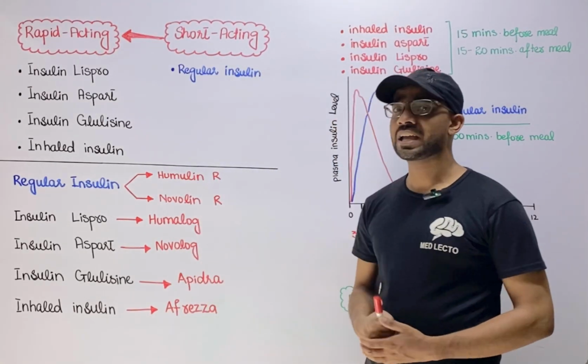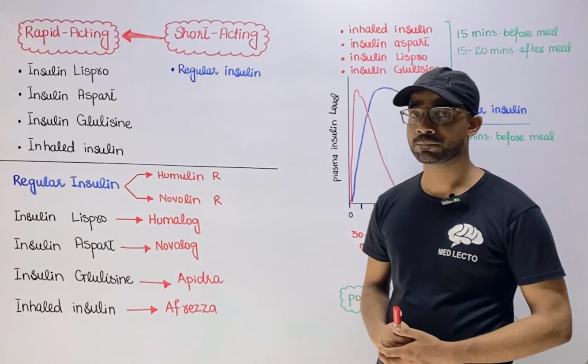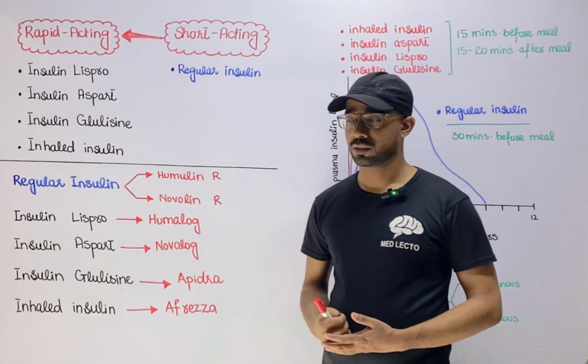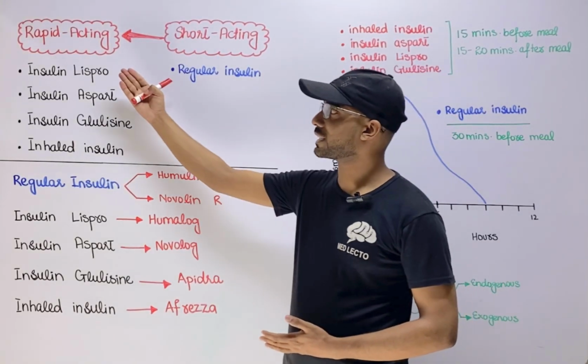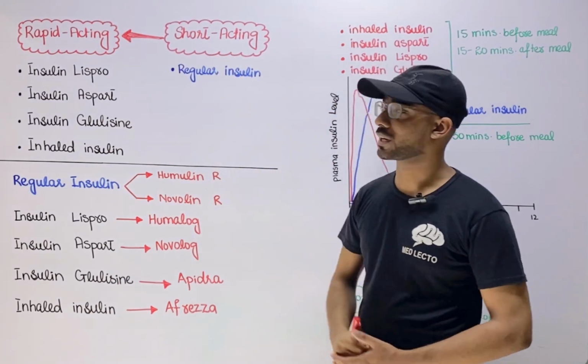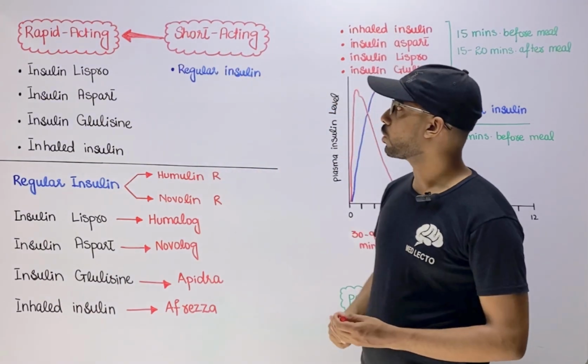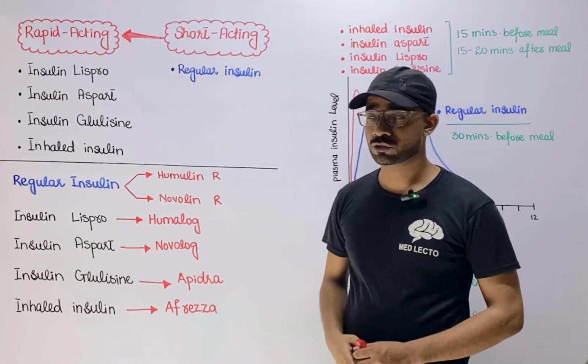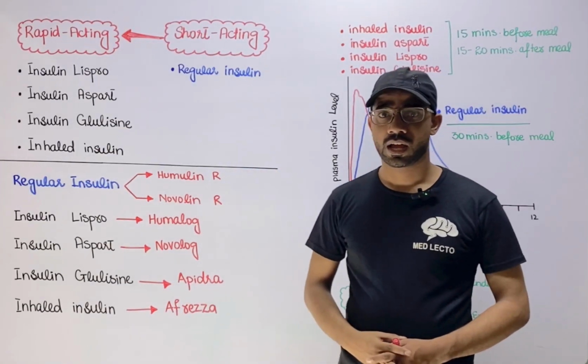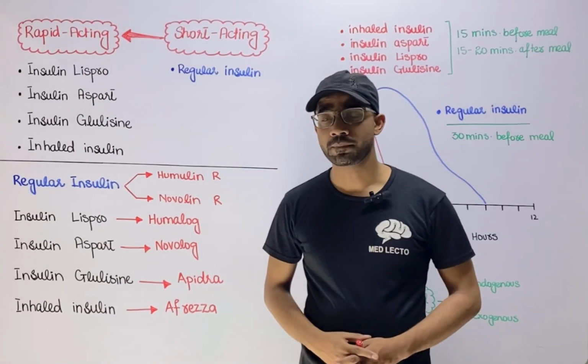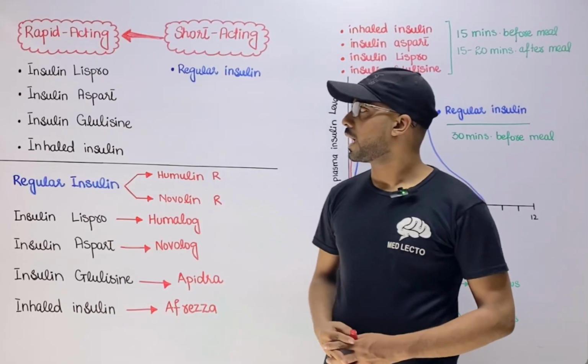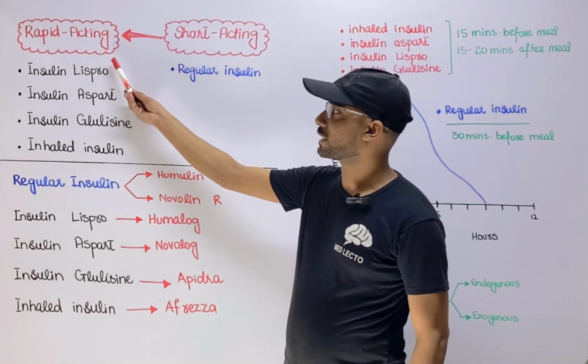So we have categorized insulin into two. First is the rapid acting and second is the short acting. In the short acting insulin, you will see the regular insulin that is commonly available in the pharmacy. And second is the rapid acting insulin.